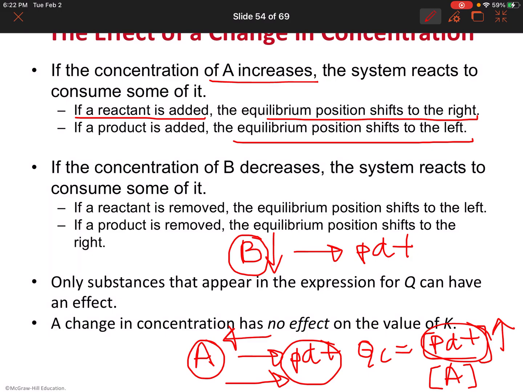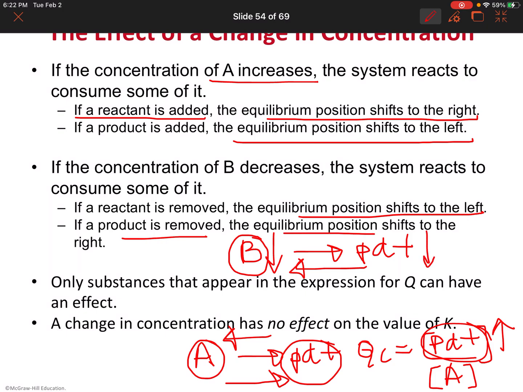So to compensate for the decrease, the product will start reacting to get more of B, meaning the equilibrium position shifts to the left, making more of B. And then if the product is removed, let's say you are removing a product, decreasing the product, so then what happens?